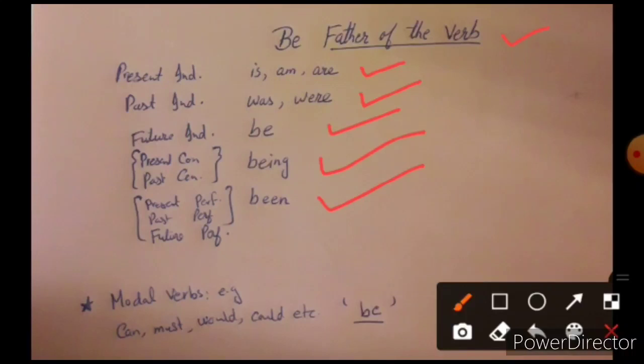So these are the main forms of be that we are going to use during our transformation from active to passive voice. So this is very important. This be, the father of the verb, is very important in changing from active to passive voice.